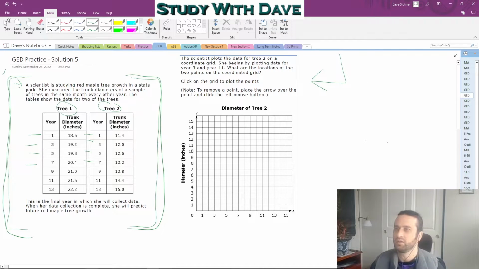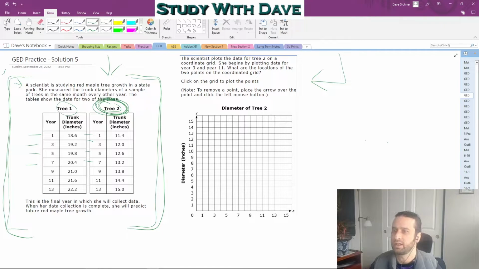Okay, so the scientist plots the data for tree 2, and remember, they're going to give you a bunch of data over here, and you're only going to use a little bit of it. So when she says tree 2, we want to make sure we're looking at tree 2. So tree 2 on a coordinate grid, we're going to try to plot the data.